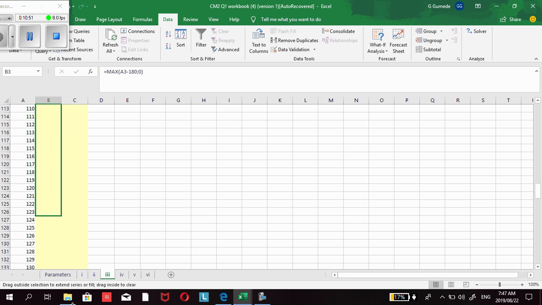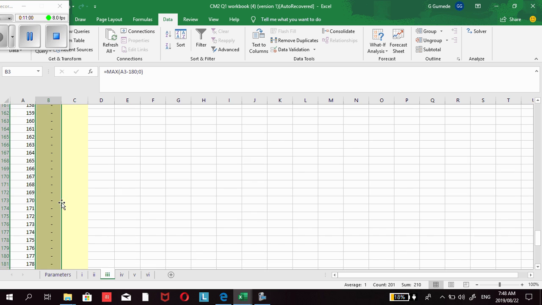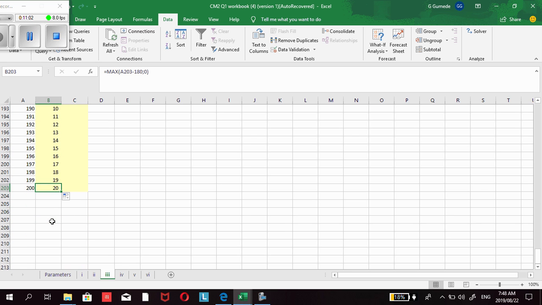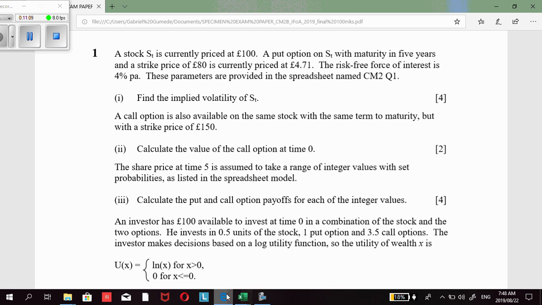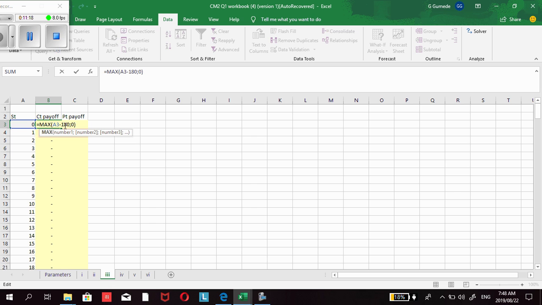I'm going to drag it down all the way to a share price of 200. Then I just want to check something here. Seems like I made a mistake. My strike price for the call option was 150. So let me quickly correct that. The strike price was 150.